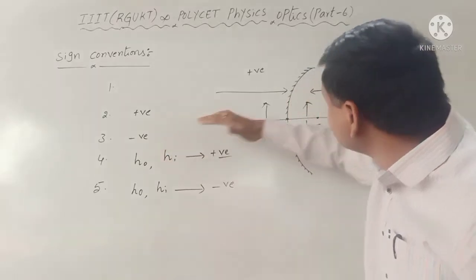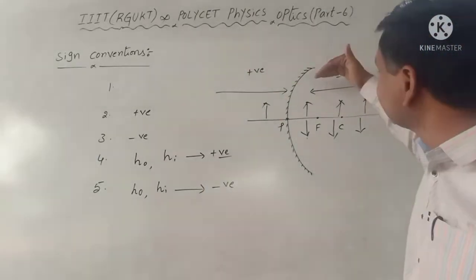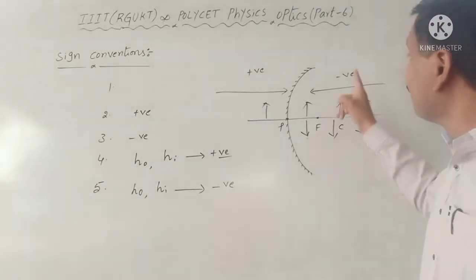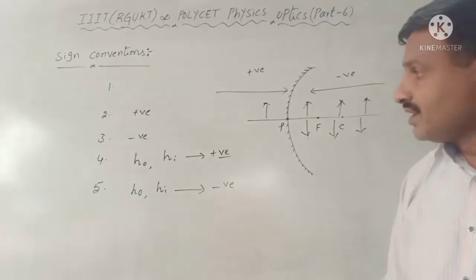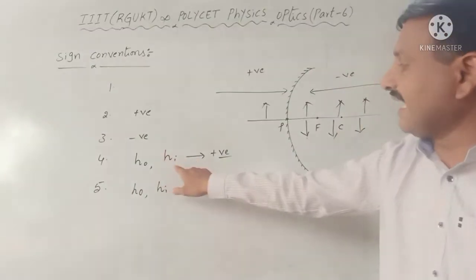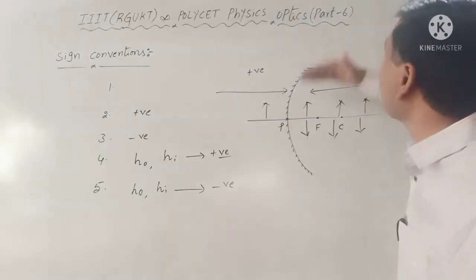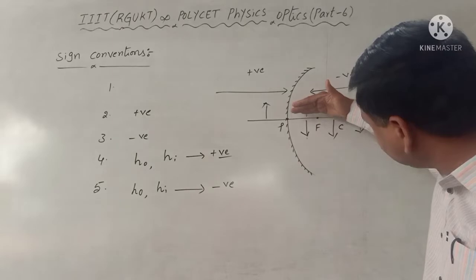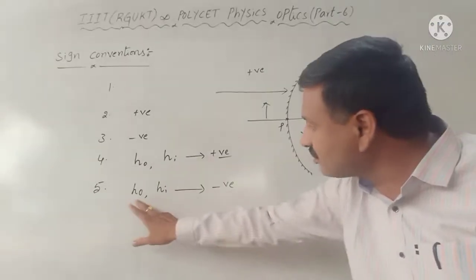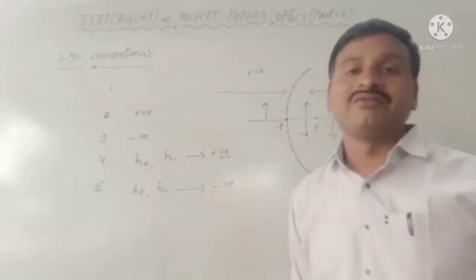After that, the opposite direction of the incident light ray we take negative. Next, the fourth point: height of object and height of image are both taken positive if measured upward, above the principal axis. Below the principal axis, downward, both are taken negative. So these are the sign conventions.